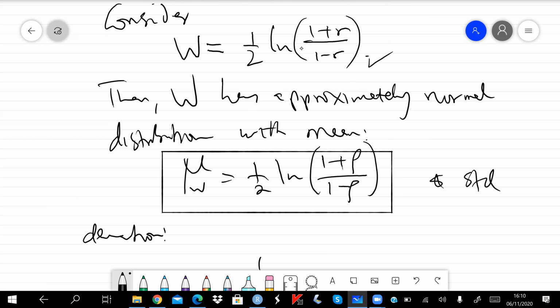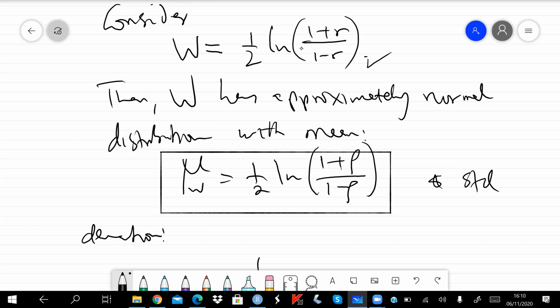So once you know that W has approximately a normal distribution, it becomes quite easy for us to test the hypothesis.